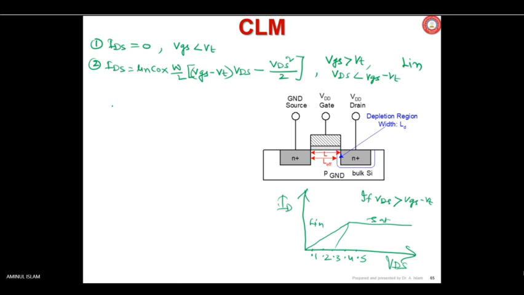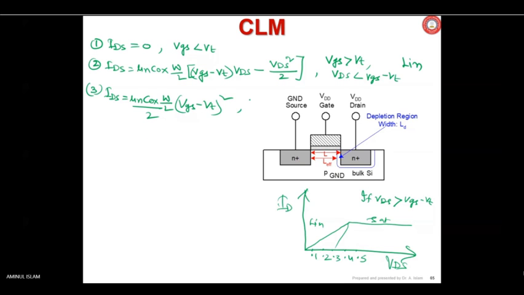So for the current equation, IDS equals mu n C ox W by L divided by 2 into VGS minus VT whole square.